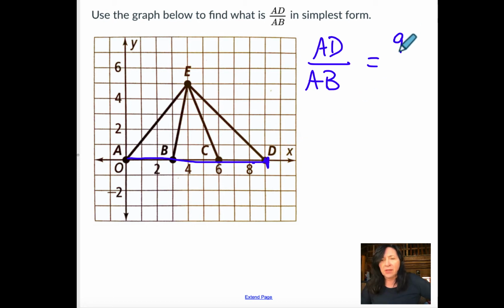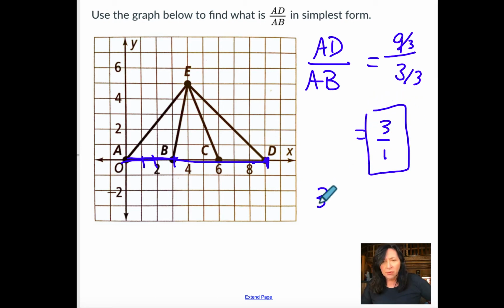And so that's going to be 9 to AB, which is 1, 2, 3. So 9 to 3. You're going to keep that in a ratio because they are asking you what the ratio is. If I divide both of these by 3, I'm going to get 3 over 1. Another option for writing it is 3 to 1, or 3 colon 1.